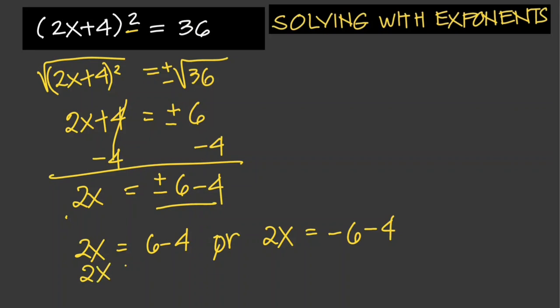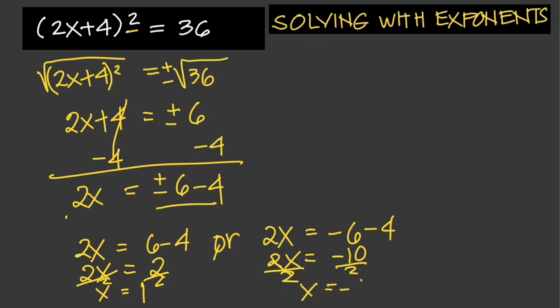This is 2x equals 2, and dividing both sides by 2, x equals 1. The other one is 2x equals negative 10, and dividing both sides by 2, x equals negative 5. So our solutions here are x equals 1 or x equals negative 5.